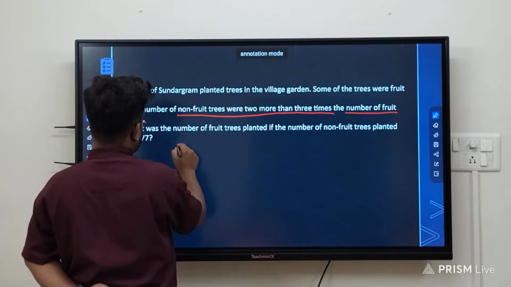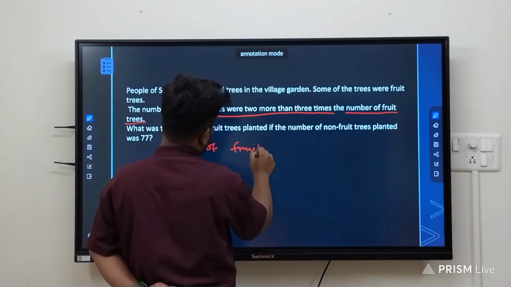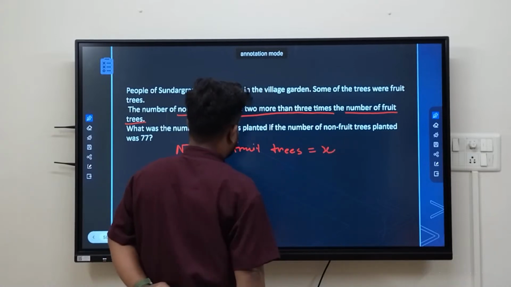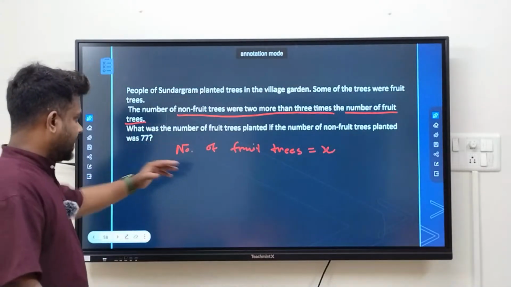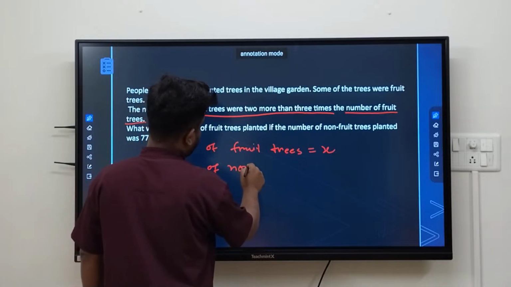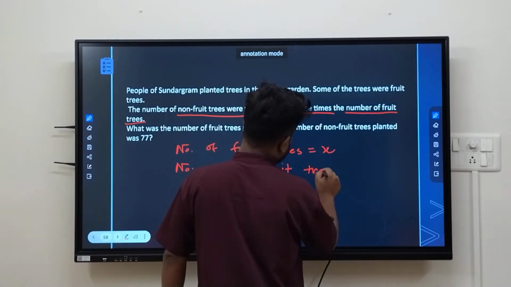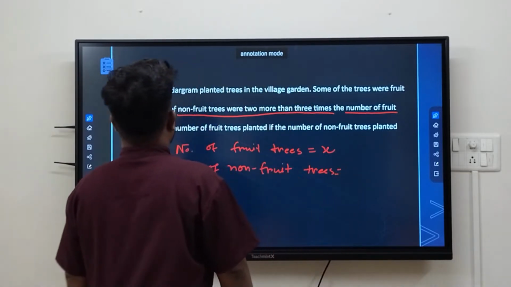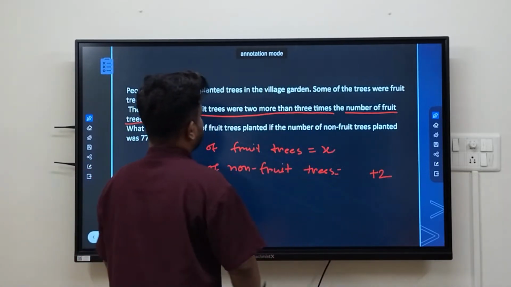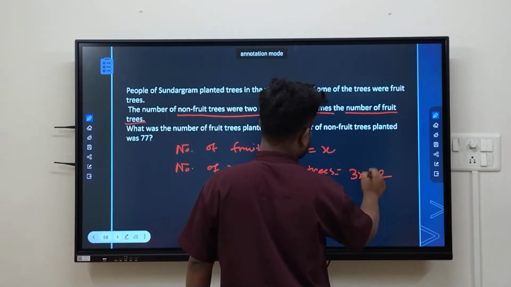So the number of fruit trees, we have to think the number of fruit trees is x. So the number of non-fruit trees will be 2 more than what? 3 times the fruit trees.